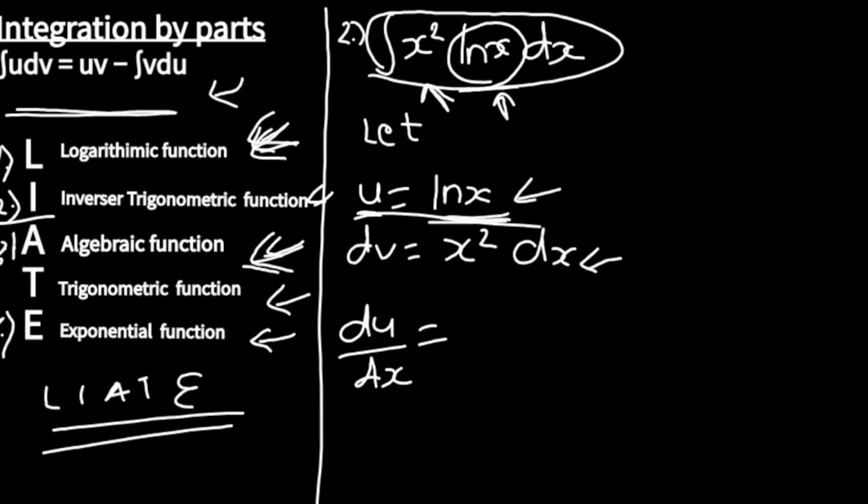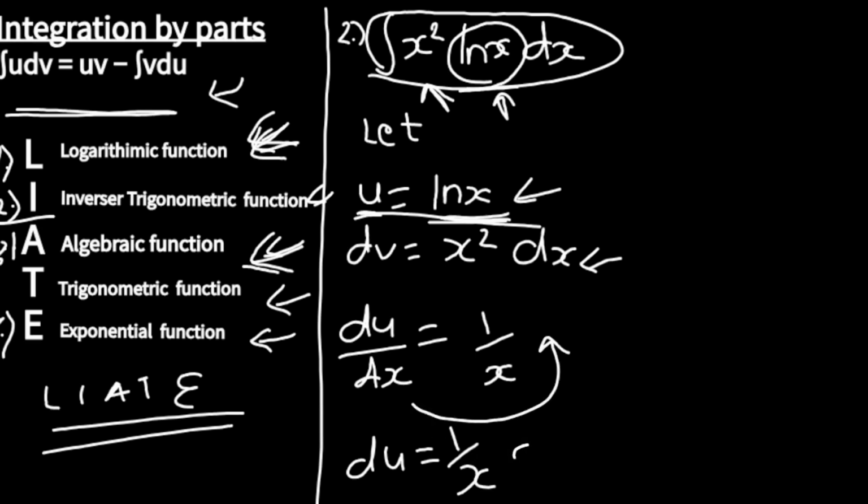The derivative of ln x is 1 over x. The next thing is to make du the subject now, not dx. In u substitution it is dx you make the subject, but in integration by parts it is du you make the subject. So here we have 1 over x, take dx to the other side. So this is our du.